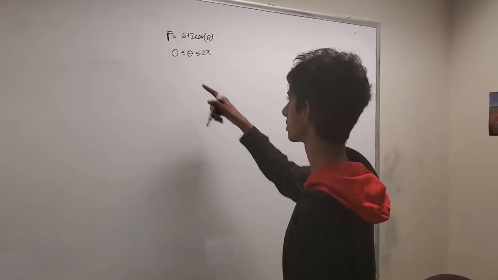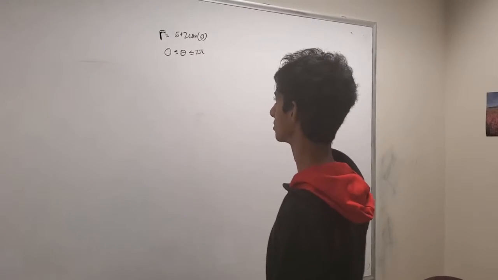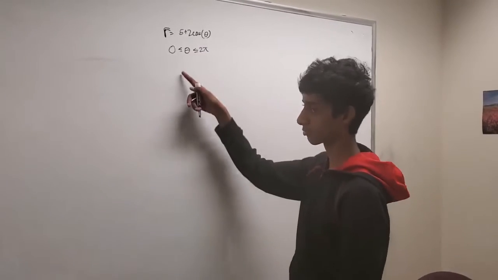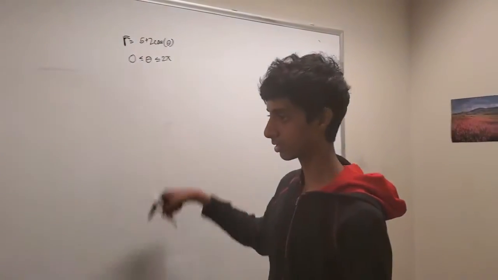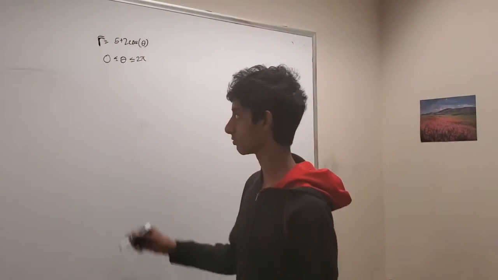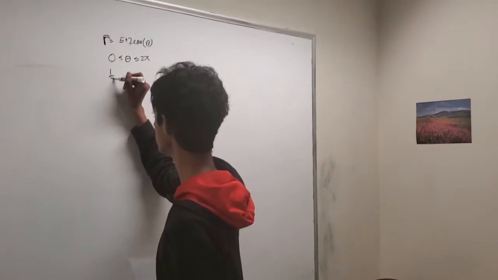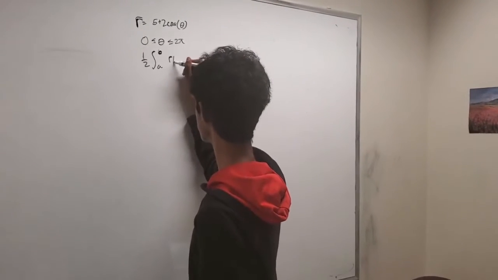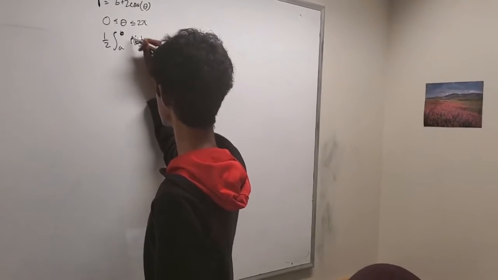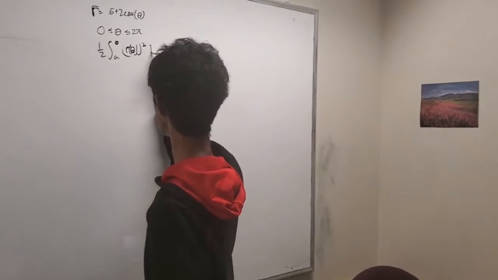In the question, it gives you that r equals 5 plus 2 cosine theta on the interval of 0 to 2 pi. So to solve for the area, there's a formula, and it is 1/2 integral from a to b of r of theta squared d theta.